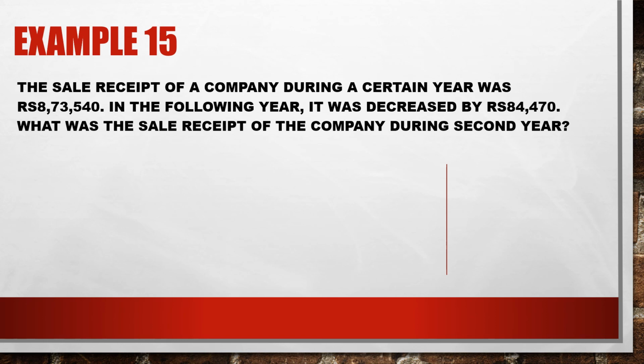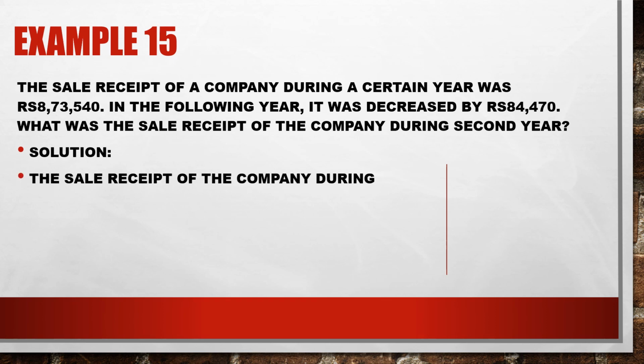So, in a certain year, the company's sale receipt was rupees 8,73,540. So it decreased rupees 84,470. Now what we need to find? The sale receipt of the company during the second year. So let us write the solution. The sale receipt of the company during the second year was.